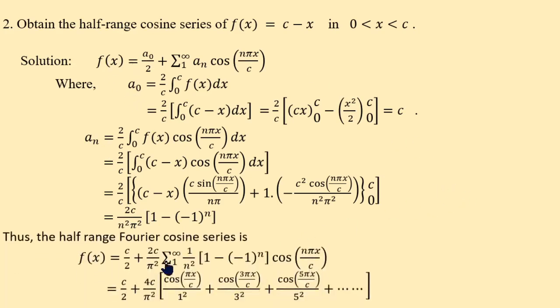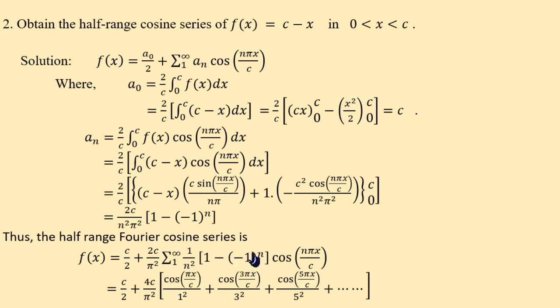That is the required half range series. 2c by 2, because a naught by 2, a naught is c. Therefore it is c by 2 plus 2c by pi square. 2c by pi square is taken outside. 1 by n square into 1 minus minus 1 power n cos n pi x by c. When n is 1, 1 minus minus 1 is 1 plus 1 is 2. 2 into 2, 4. 4c by pi square cos 1 pi x by c divided by 1 square.